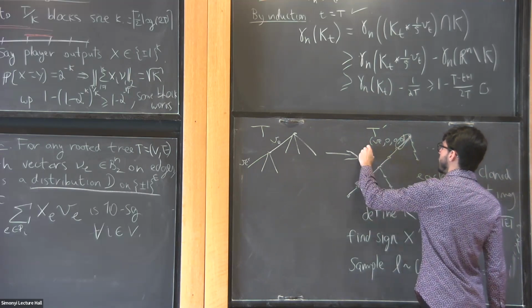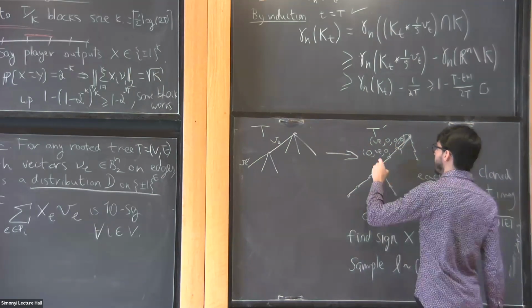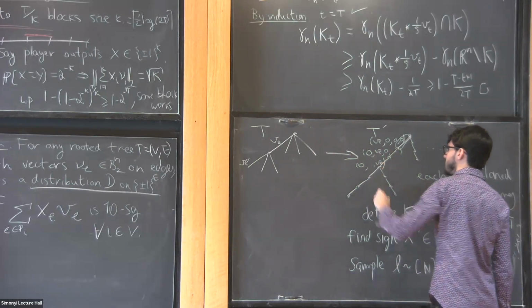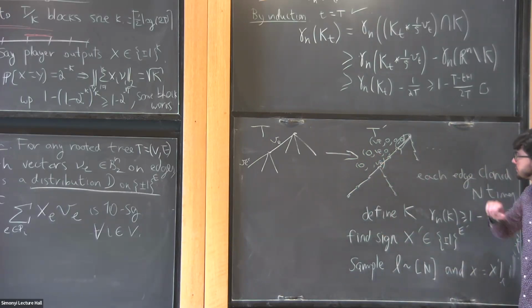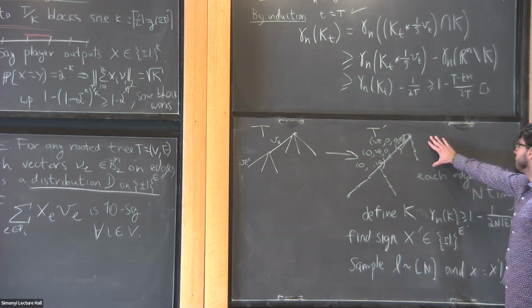In the second clone, I will put the VE in the second position, and so on, up to the last one, VE will be in the last position. Okay, so the point is that I'll find a signing that works for this larger tree.